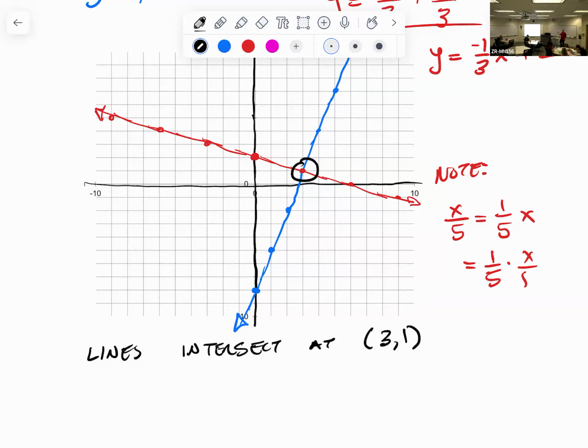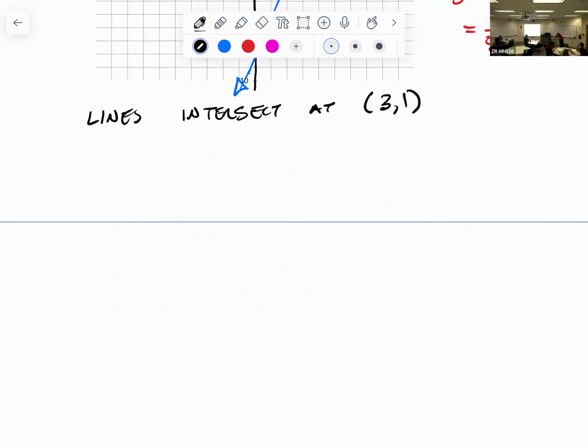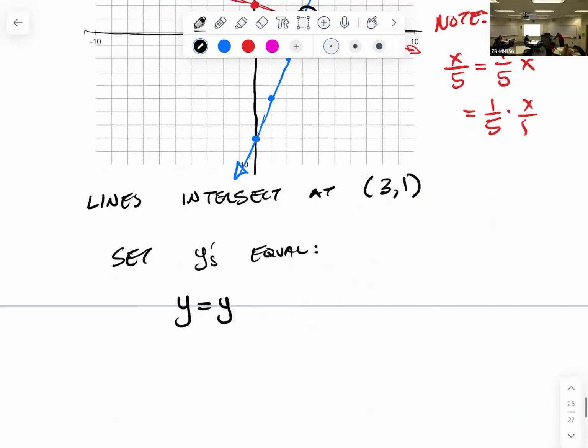And this one, I don't need to do the algebra, but we're going to do the algebra to confirm. I'm pretty sure that's where they intersect. Let's do the algebra to confirm. Set y's equal. So our first line, 3x minus 8.